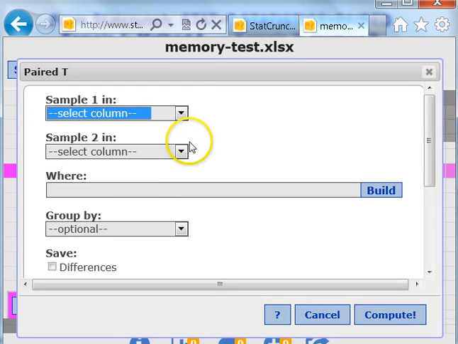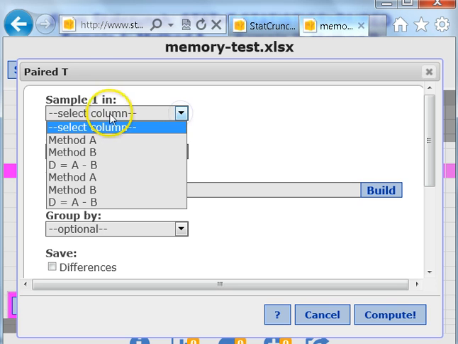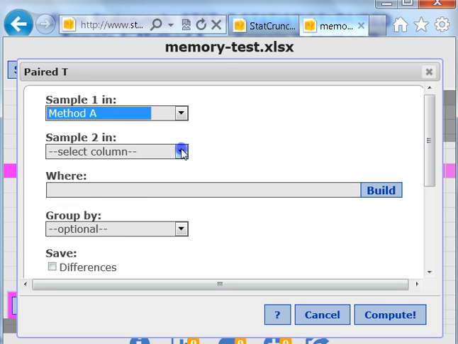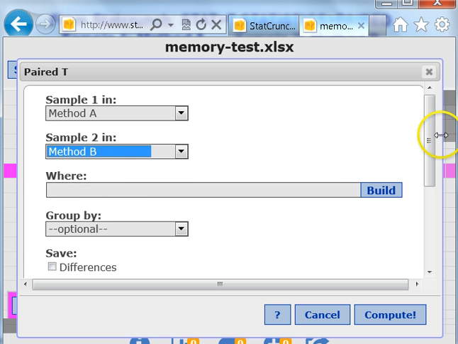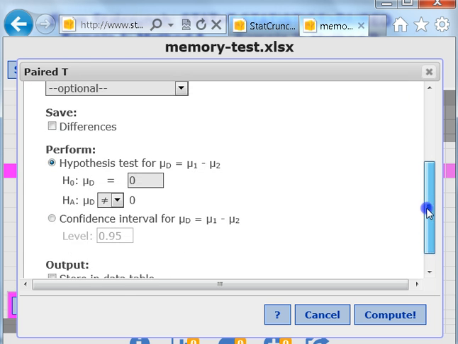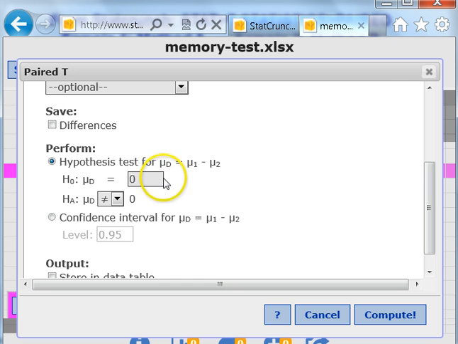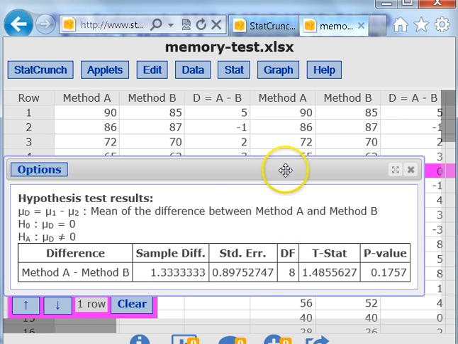Our differences were A minus B, so we'll let sample 1 be method A, sample 2 be method B. We want to perform a hypothesis test where the mean of the differences is 0 versus the alternative where the mean of the differences is not 0. Compute, and that gives us the p-value. Let's take a look at that p-value.